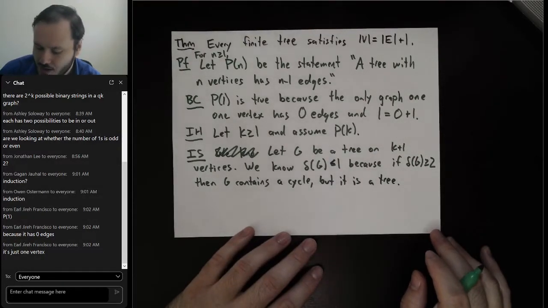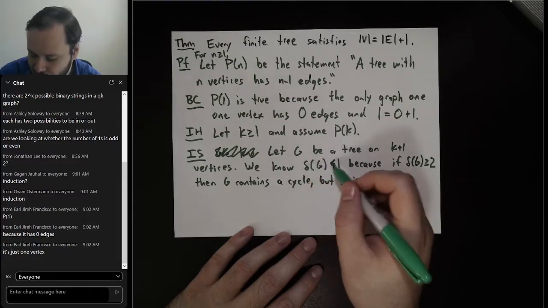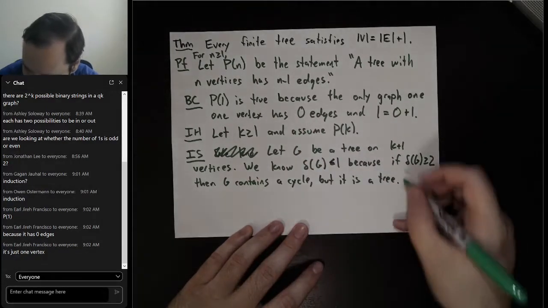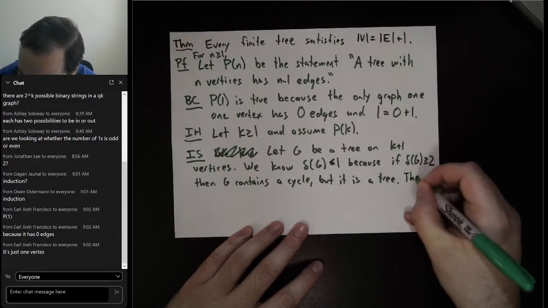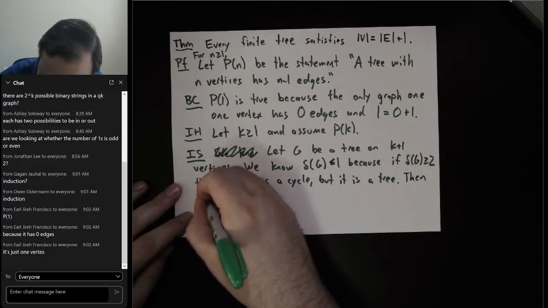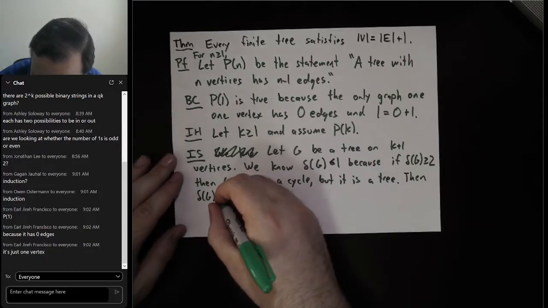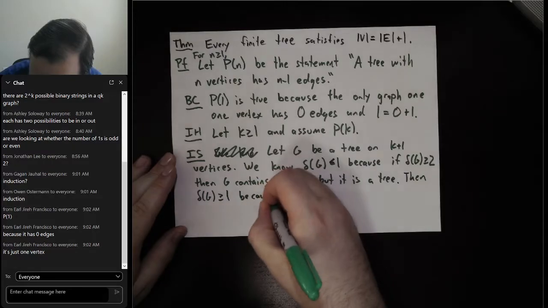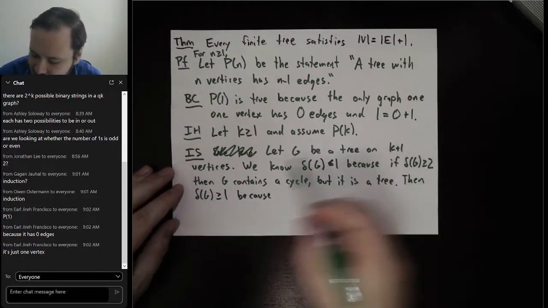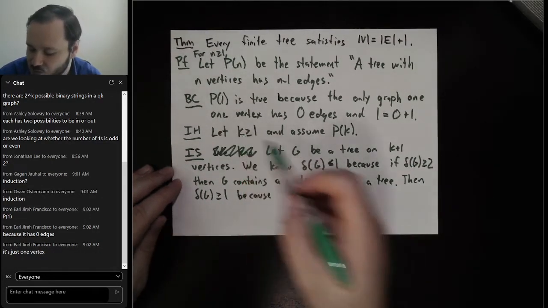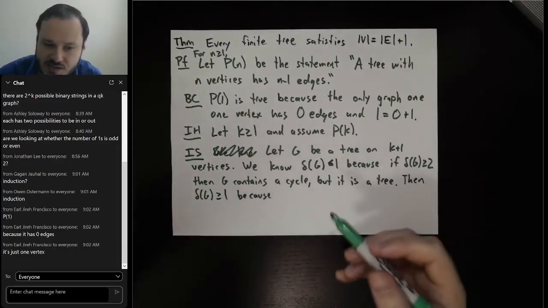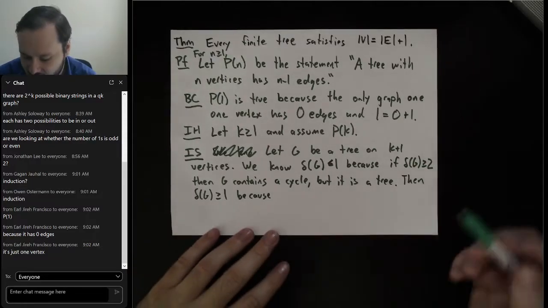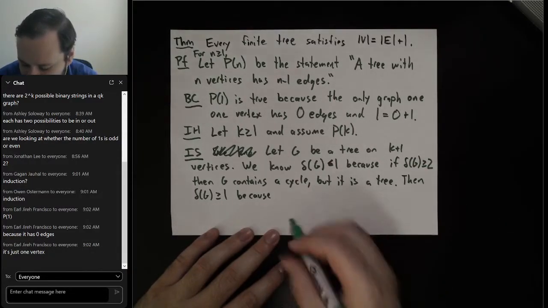Now we know the minimum degree of G is exactly 1 because G is a tree, so G is connected. G has k plus 1 vertices, k is at least 1, so I have at least 2 vertices. You have at least 2 vertices and you're connected, that means your minimal degree is at least 1.